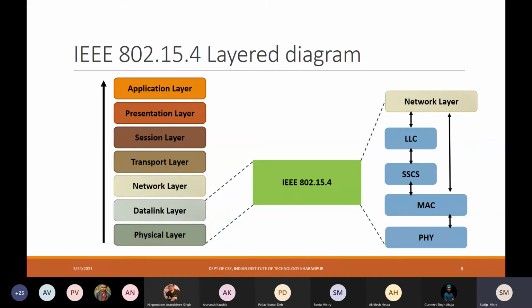As you can see, all of these layers, starting from physical to the network layer, are scoped to be in parallel with the physical layer and the data link layer of OSI.